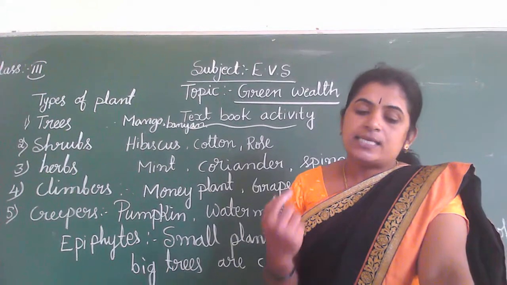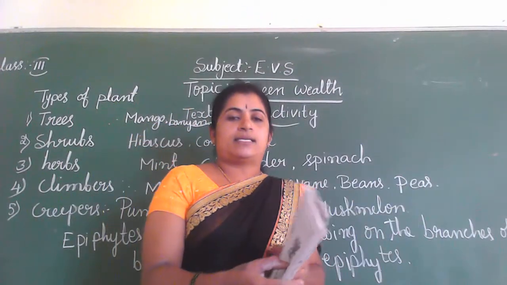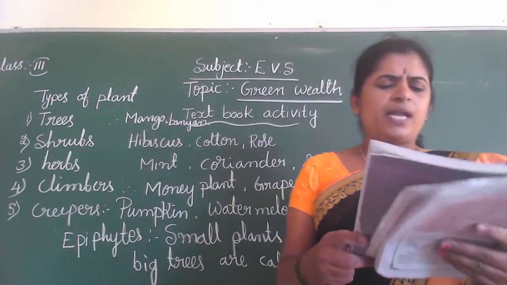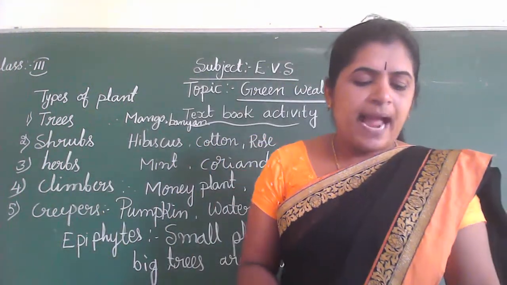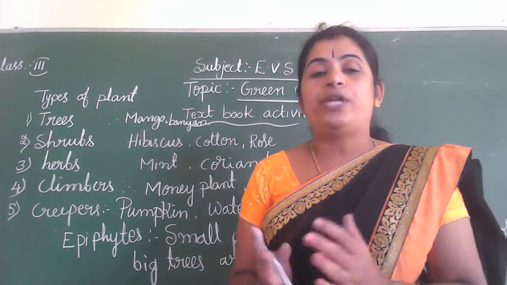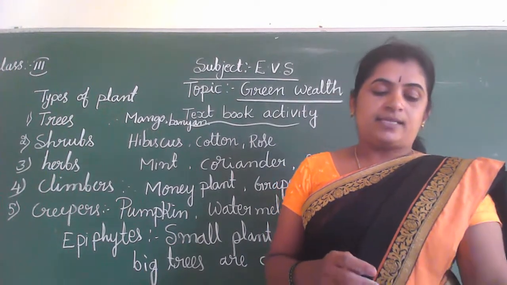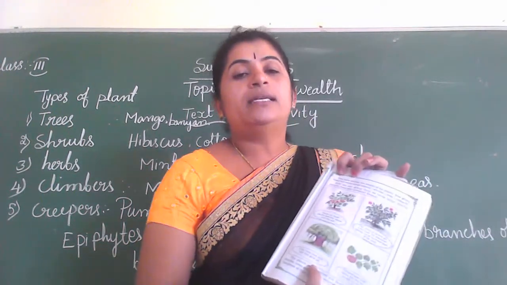This is known as shrubs. Which plant is this one, children? Hibiscus. Trees have a stem and they grow tall, and this is a woody plant. The stem of a woody plant is known as a tree. Yes, this is a tree, banyan tree.